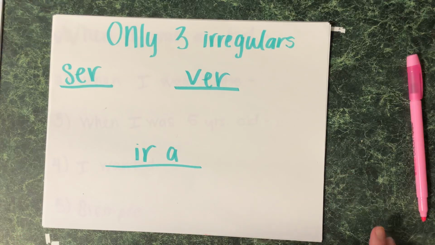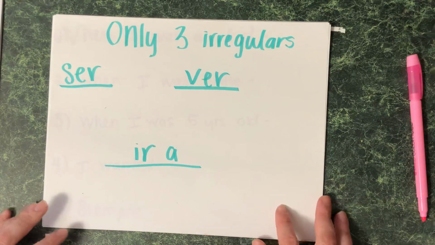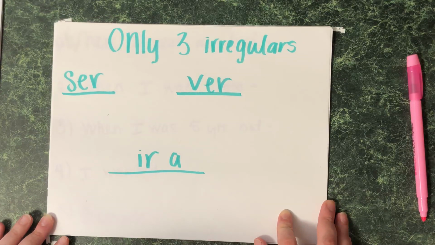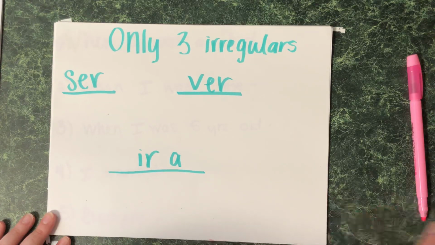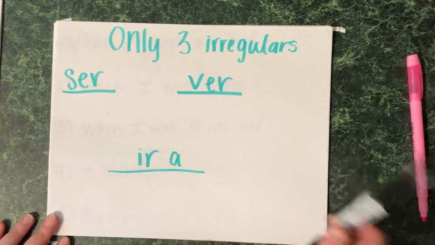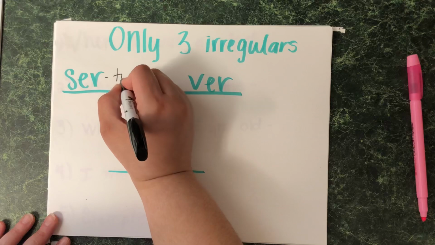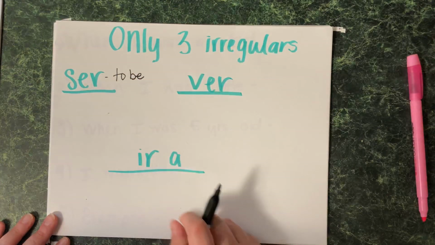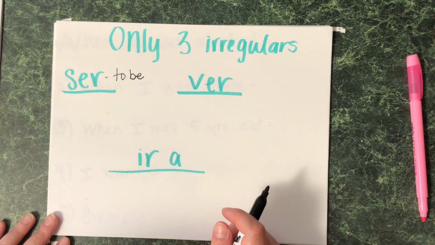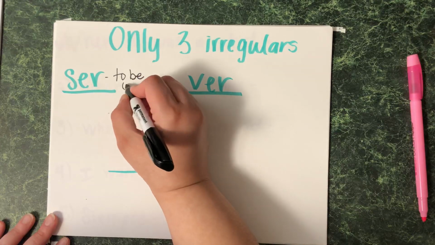Having this said, we do have 3 irregulars, and that's it. These are the only 3 bad boys that we have in the imperfect tense. So far, we are going to have the verb ser, and the verb ser means to be. Remember, to be is for permanent stuff.